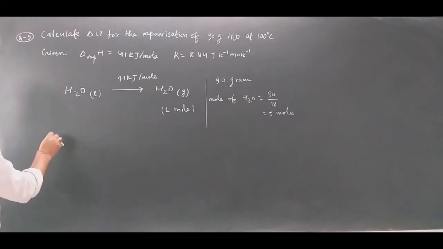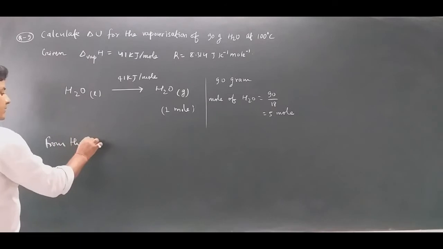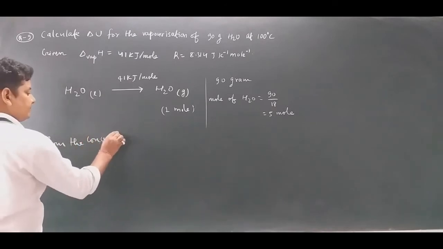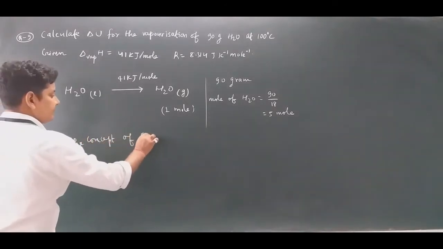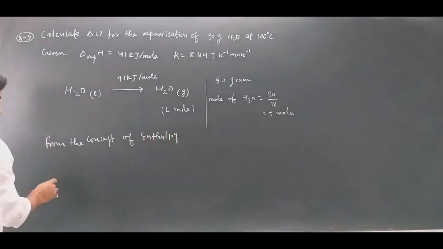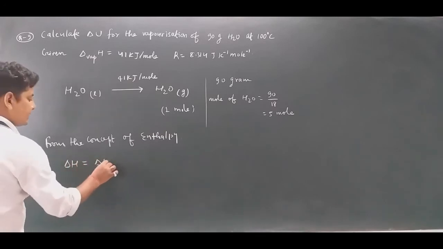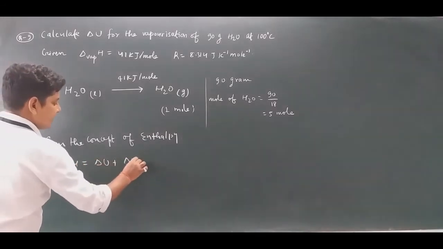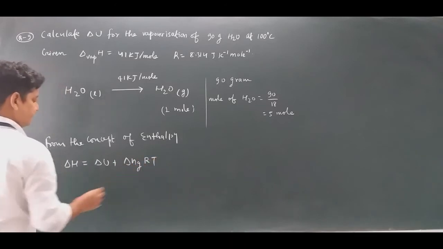So from the concept of enthalpy, we know that delta H is equal to delta U plus delta Ng RT.